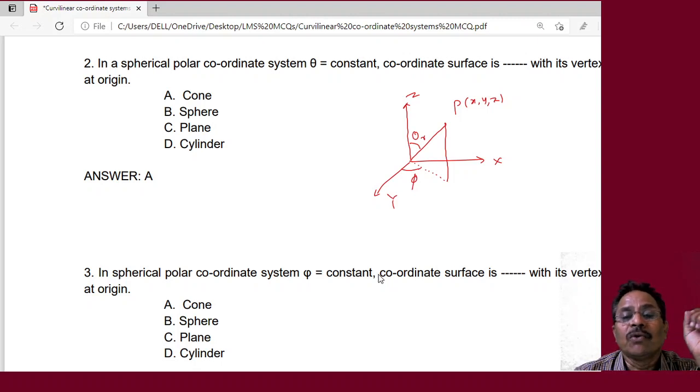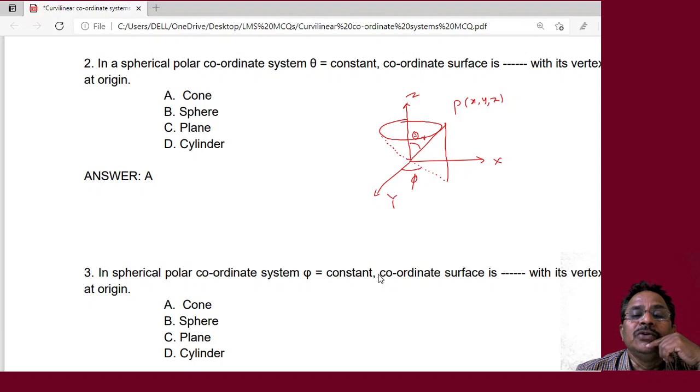Now once we go for these values of r, theta, and phi, we can go for a surface for the system, phi equal to constant. Now when we take phi equal to constant, I'll get a surface like this. If this is connected here, you will get this to be a cone with its vertex at the origin.